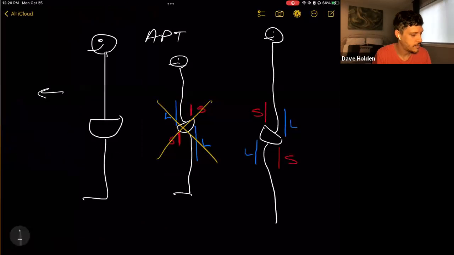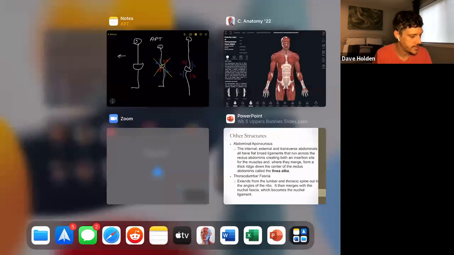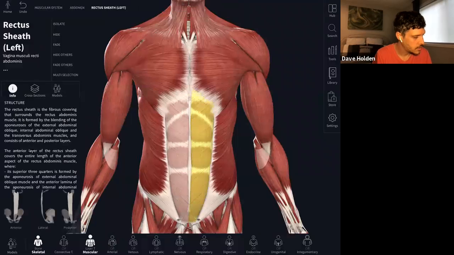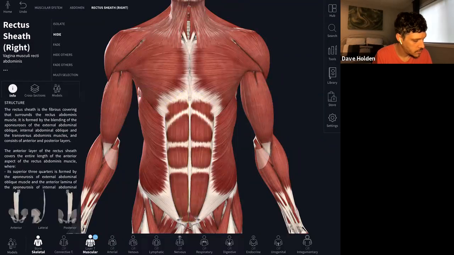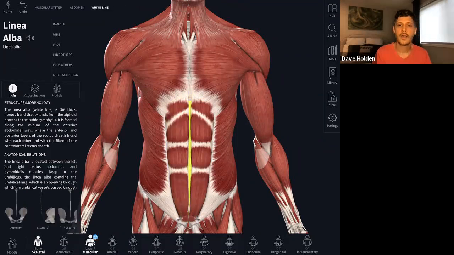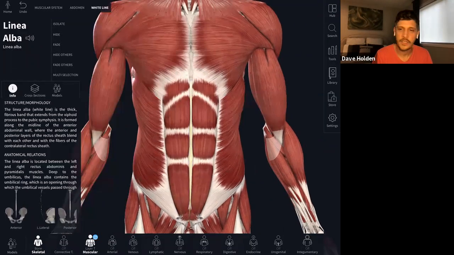The linea alba. That was one more thing I meant to point out. Linea alba. The central line, it's a fibrous band akin to a tendon.